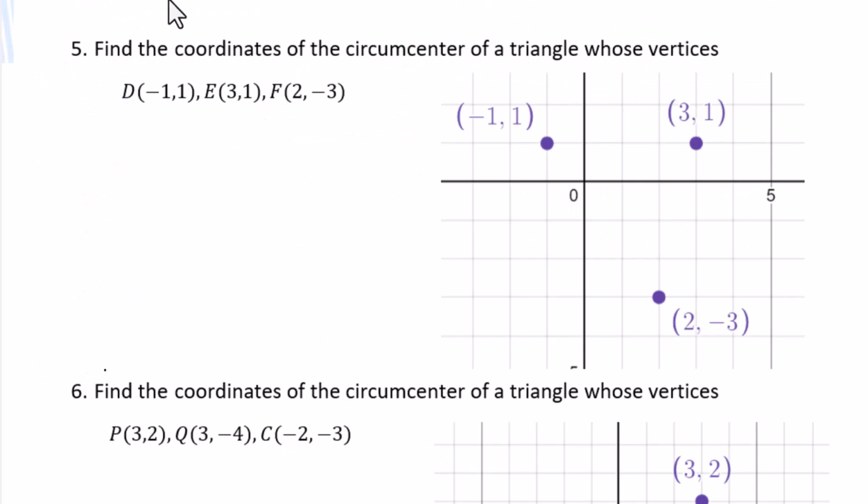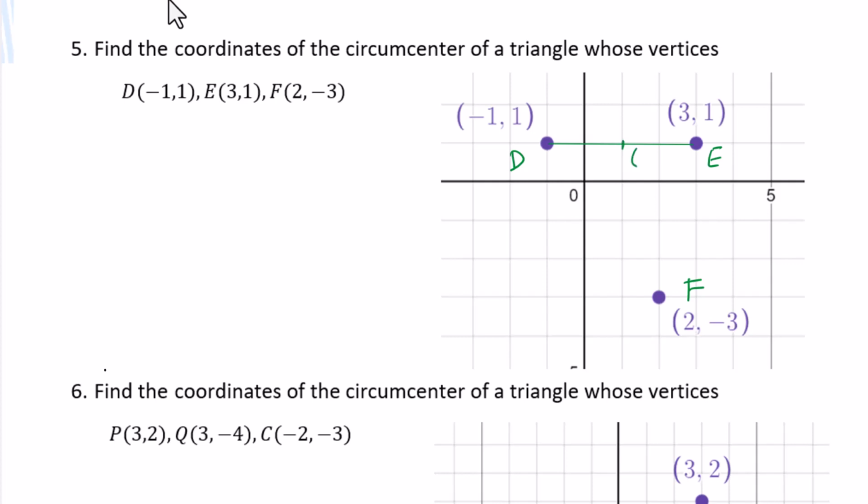Let's go to F. Find the coordinates of the circumcenter of a triangle whose vertices are D, E, F. Let's label D, E, F. You could say DE is a horizontal segment, which means the equation of the perpendicular bisector of DE is a vertical line.